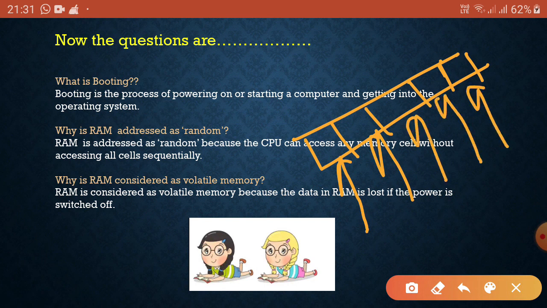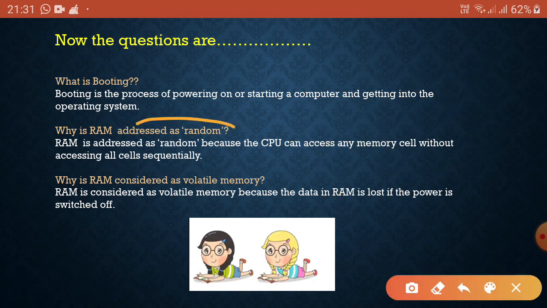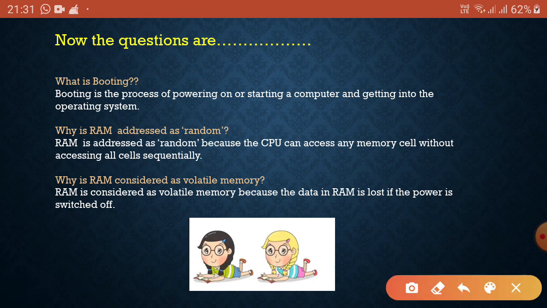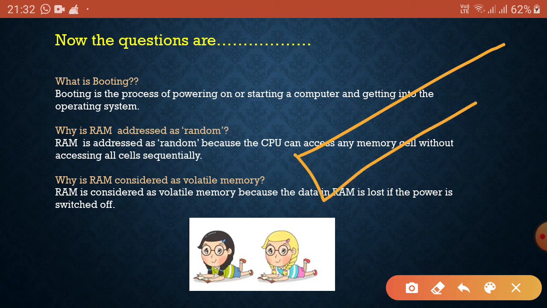One bit can be stored in one box. So RAM is addressed as random. Why? Because the CPU can access any memory cell without accessing all the cells sequentially. Suppose these are the cells, 1 2 3 4 5 6 cells. So RAM can access any memory cell.